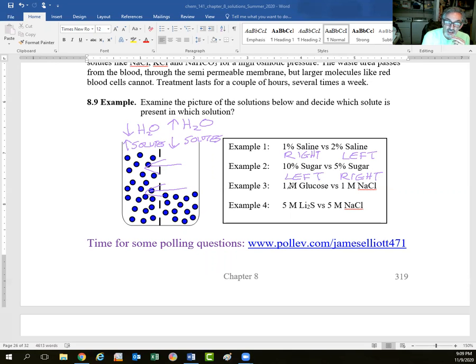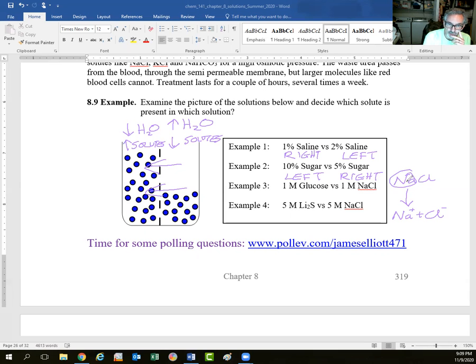Next one, glucose and sodium chloride, both given as a 1 molarity concentration. But of course, sodium chloride dissociates into sodium ions and chloride ions. We know this because it contains a metal. Glucose is organic, it doesn't contain metals.